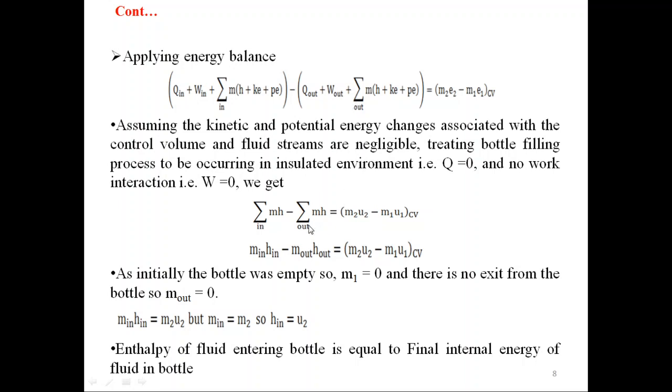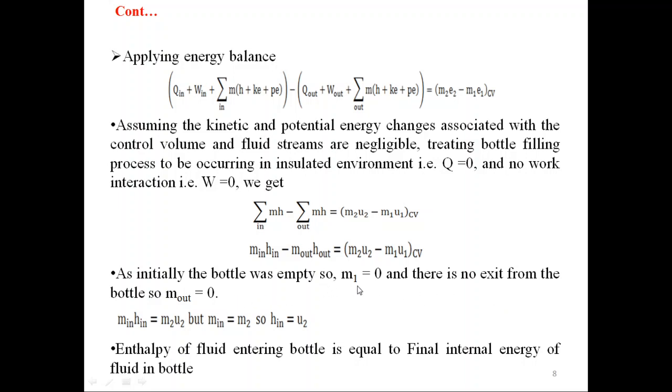There is only one entry of the fluid in the control volume. So we have m in h in minus m out h out equal to m2 u2 minus m1 u1 for the control volume. As initially the bottle was empty, m1 equals 0, I have already explained this, and there is no exit from the bottle, so m out equals 0.